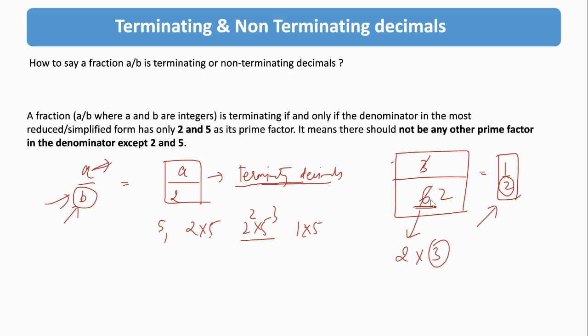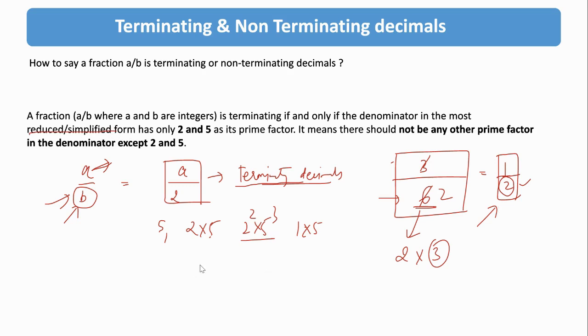But if the denominator has some other prime factor, as in the case of 3, then we need to see the numerator, because maybe we can cancel a few factors. For example here, after cancelling, it is only 2 in the denominator. So the question says in the reduced, simplified form. If in the simplified form only 2 and 5 are the prime factors, this will be a terminating decimal only.